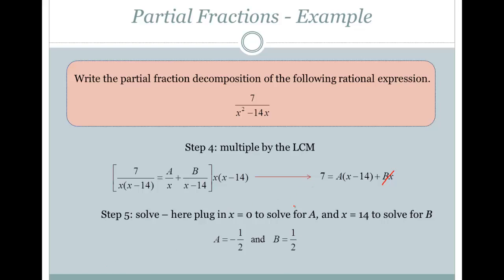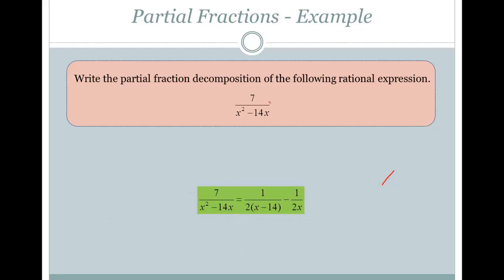Now I want to rewrite the final answer. Remember, I said that 7 over x times x minus 14 was equal to A over x plus B over x minus 14.